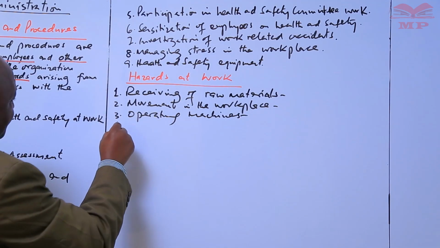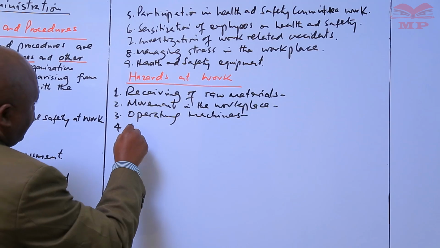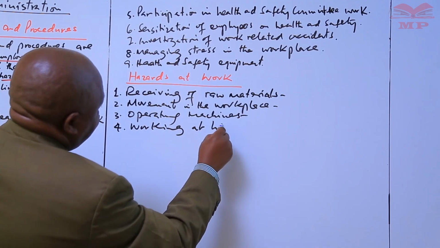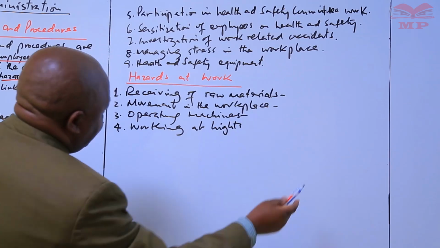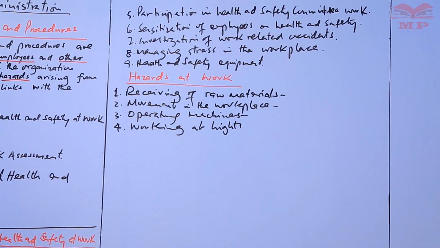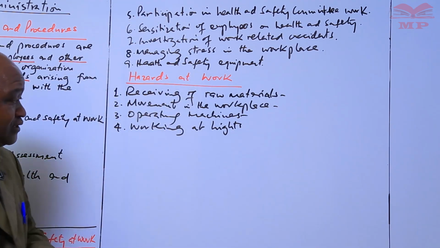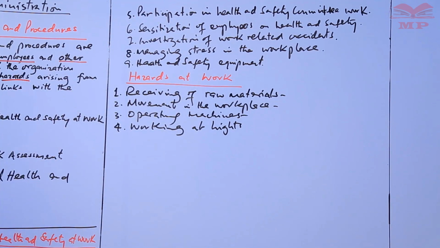Then you could, for example, be having issues like working at heights. You have seen, for example, say Kenya Power, you have power lines and employees are supposed to climb up there, on masts, for example, for Safaricom, maybe other mobile phone companies and so on. So that working at a height could also create a hazard for employees.